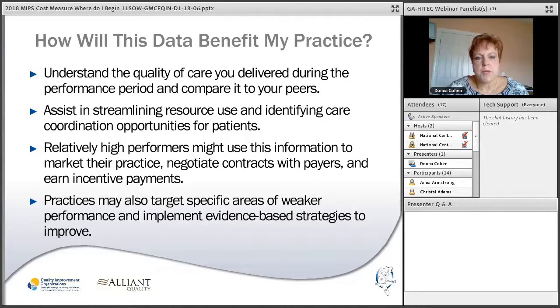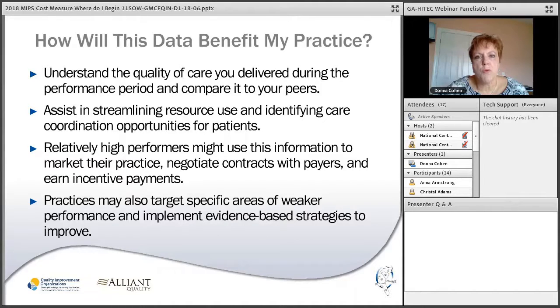It also assists in streamlining resource use and identifying care coordination opportunities, and we're going to talk about that very specifically when we go through some of the tables contained in your QRUR report. It may help you identify high performers in your practice, and you can use this data to negotiate with other payers, your commercial payers, because they all are measuring quality too.